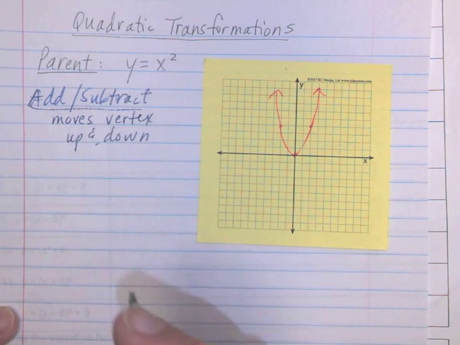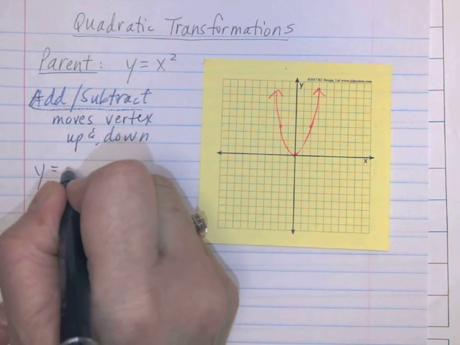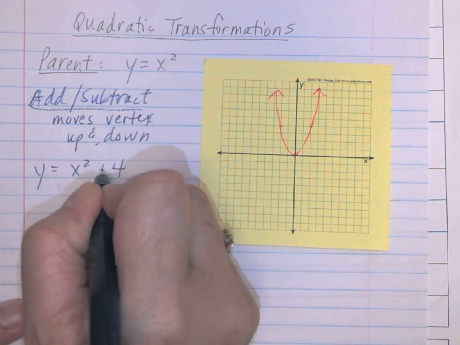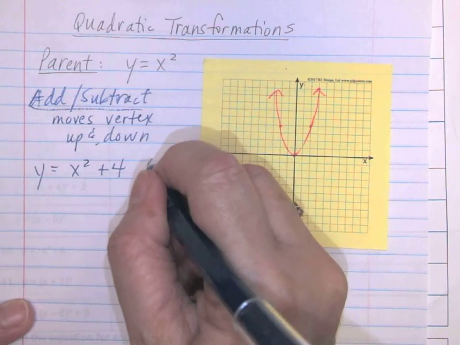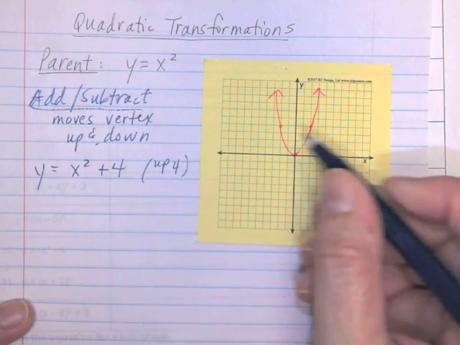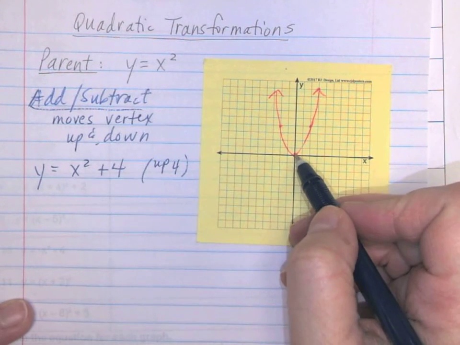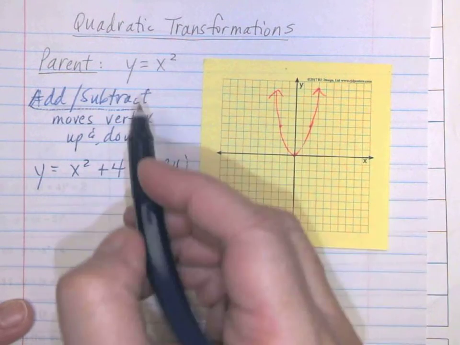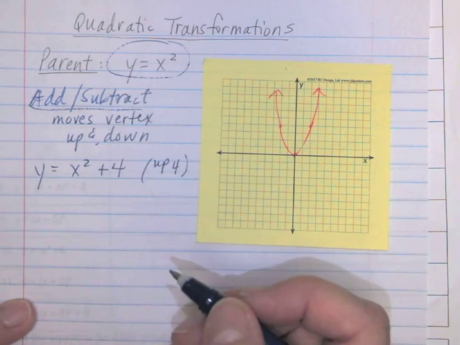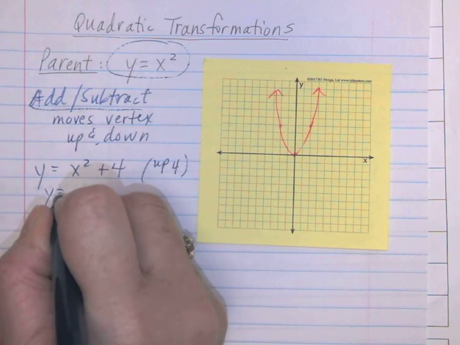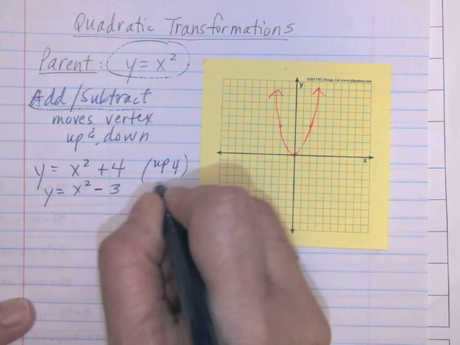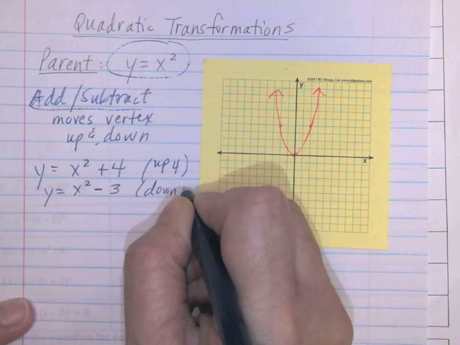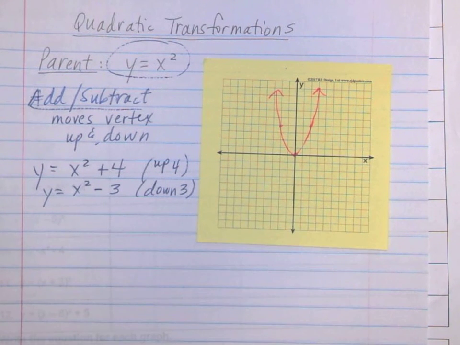So if we have y equals x squared plus 4, that moves the vertex up 4. And when I say moves it, I'm talking about moving the parent function. If I were to say minus something, then it would go down that many. But the width stays the same.